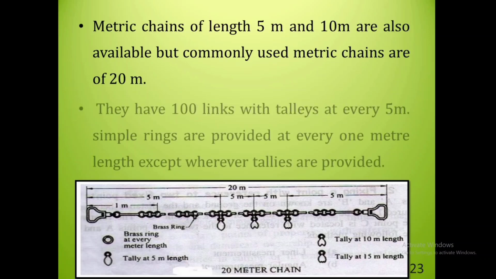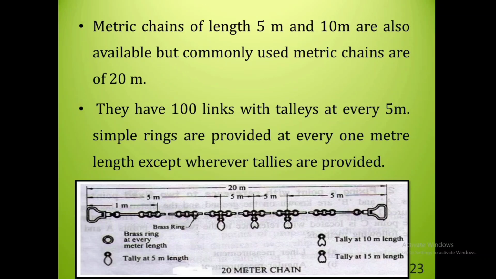So in this you can observe that this is the brass handle. The distances are always measured from the outside end of one brass handle to the outside end of the other brass handle. So you can see that at every 5 meter length they have given a tally which is indicating the different distance.